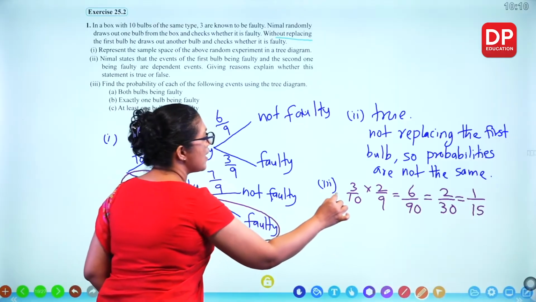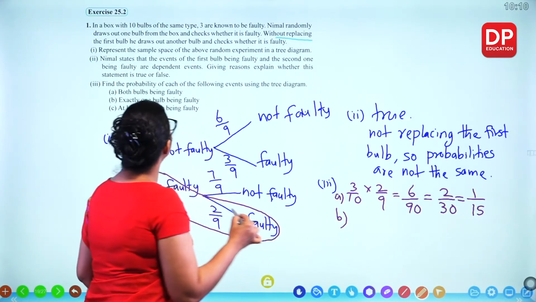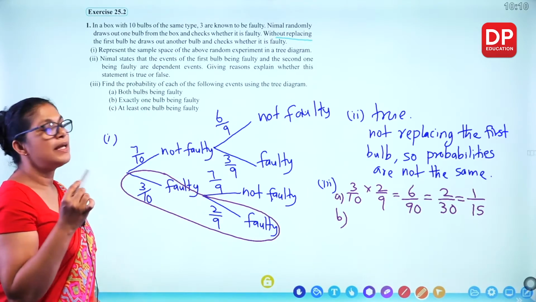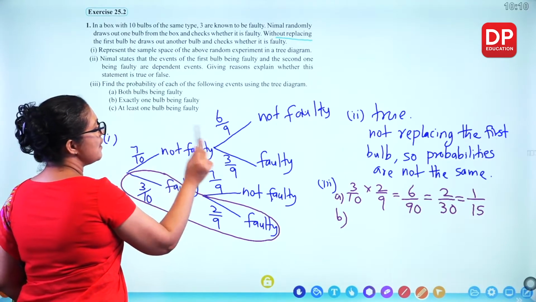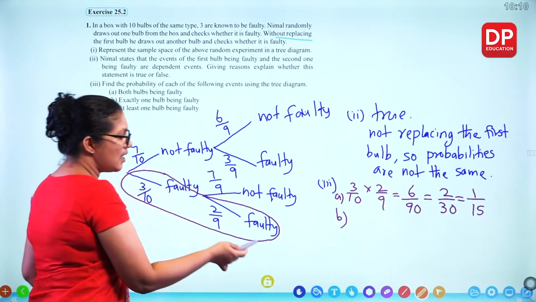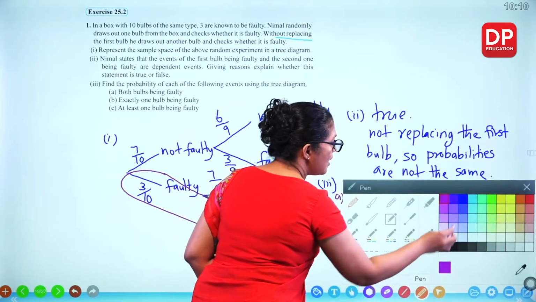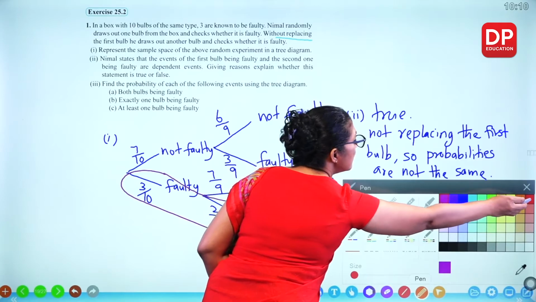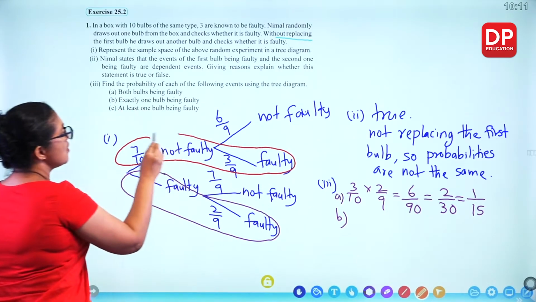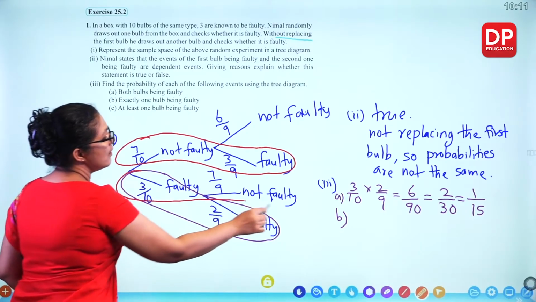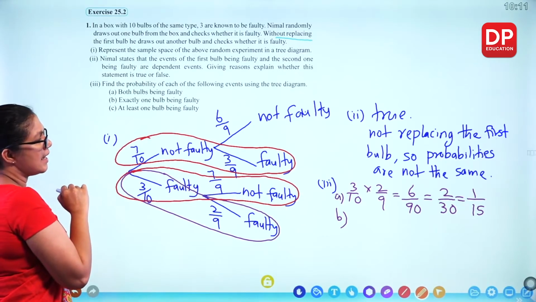Next one, this is part A. Part B, exactly one bulb being faulty means what are the possibilities? Not faulty with faulty or faulty with not faulty. So here I'll take red color. So this branch or this branch you can get.